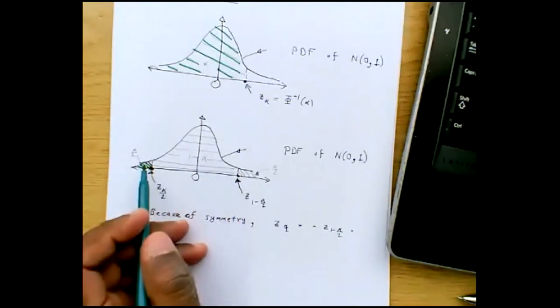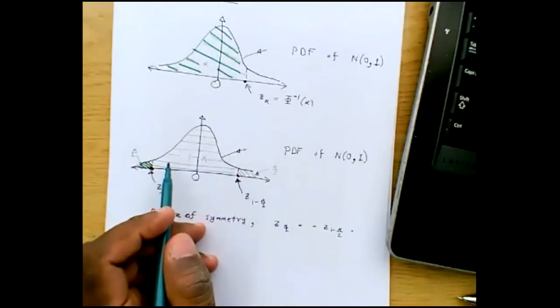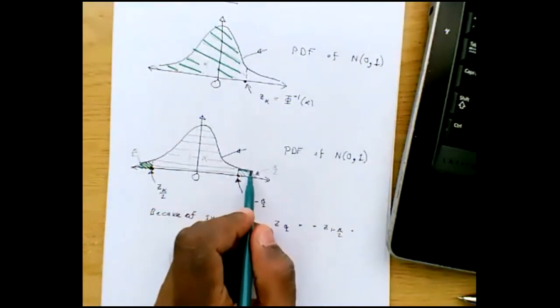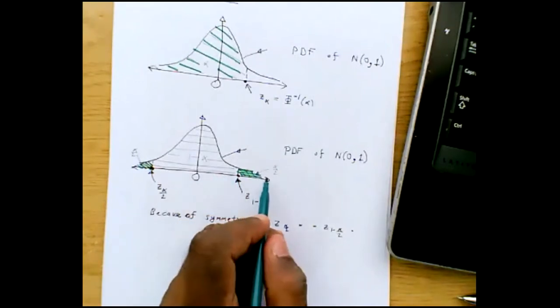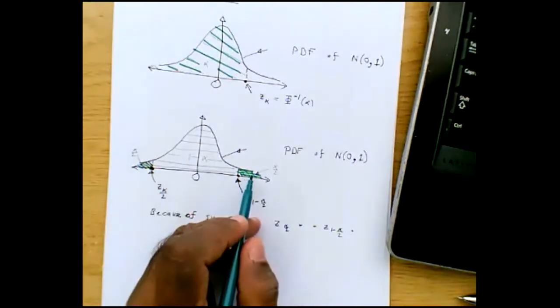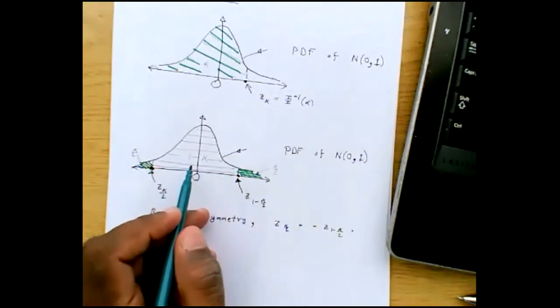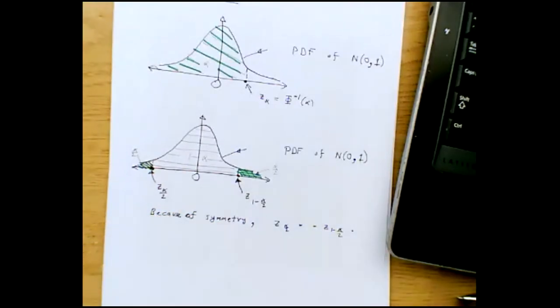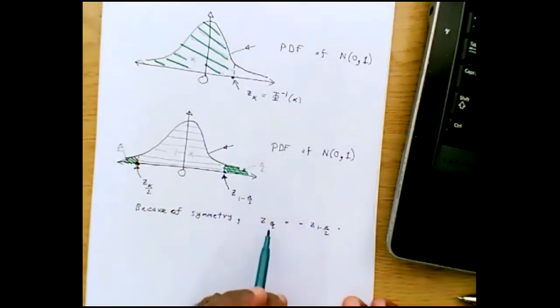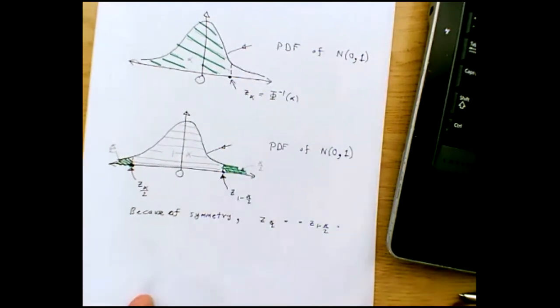And the area to the left of the other point is 1 minus alpha by 2, which means the area to the right of it should be alpha by 2 too. So these two areas are alpha by 2, and the middle area must be 1 minus alpha, right? Because of the symmetry of the normal distribution, z alpha by 2 is minus of z 1 minus alpha by 2, right? That's because of the symmetry.